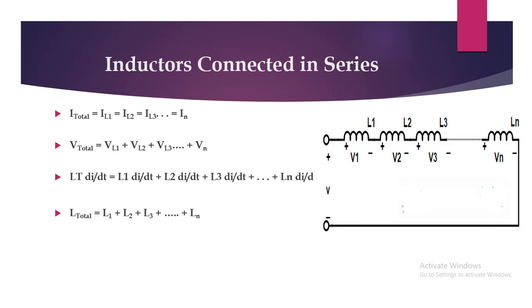When we take di by dt common, we get L1 plus L2 plus L3 and so on plus Ln. So this is the effective value of inductance. L total is equal to L1 plus L2 plus L3 and so on plus Ln. This is the equivalent value of L when we connect the inductances in series.